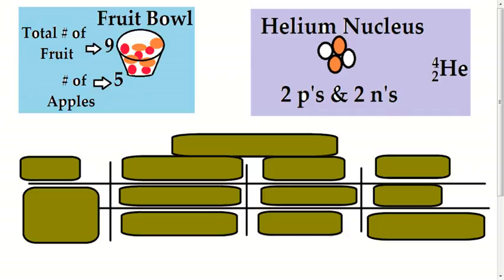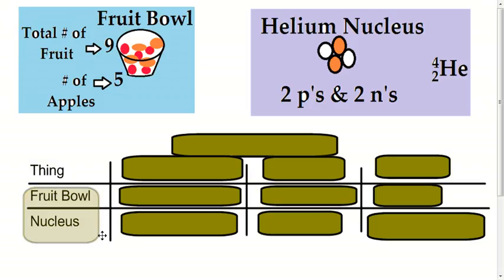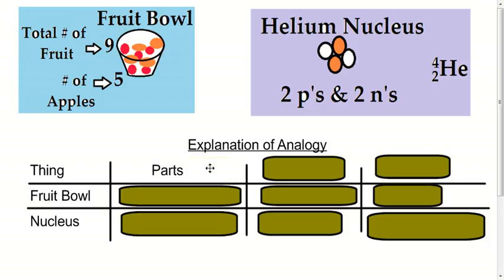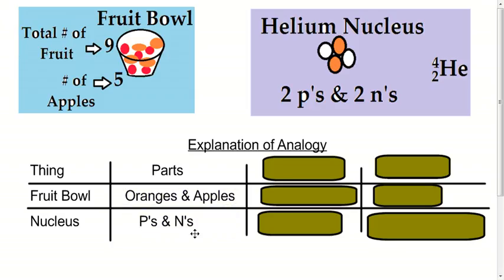Now, to explain that analogy, the things that we're comparing are the fruit bowl and the nucleus, and I'm going to compare them between the parts. For a fruit bowl, you've got oranges and apples, and for a nucleus, you've got protons and neutrons.